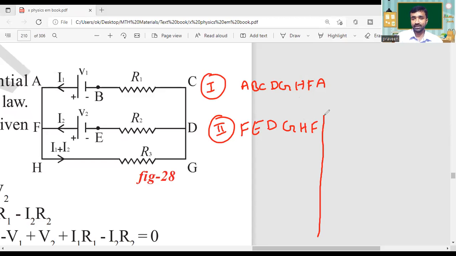For example, for loop 1, A to B, there is a battery.